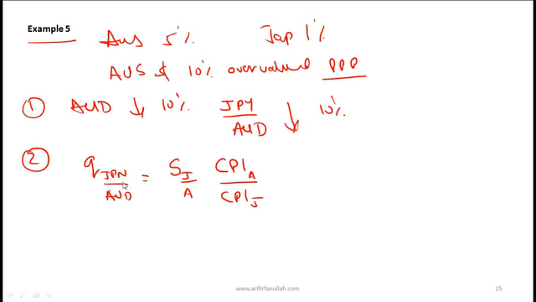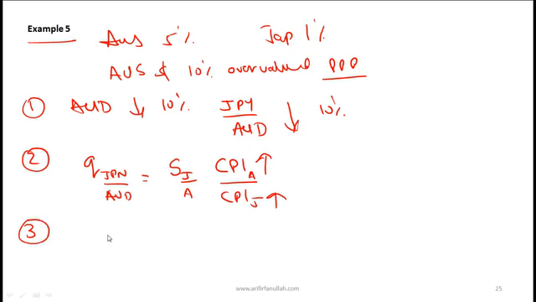So this is one of the relationships I asked you to memorize on an earlier slide. If both the price levels are going up, then essentially the exchange rate will not change. So the change in real exchange rate is going to be 0% because we are told that both the CPIs are changing by the same amount. All else equal means that the nominal exchange rate is not changing.